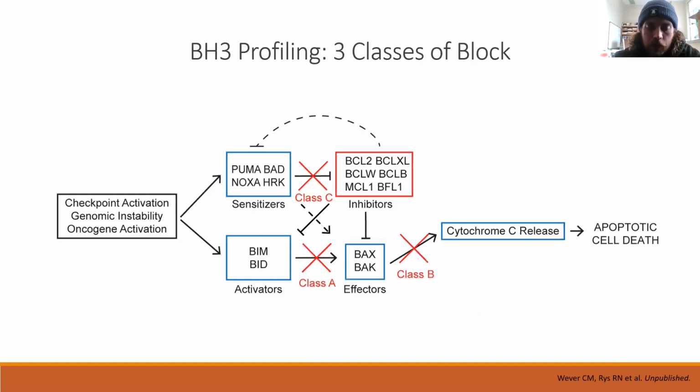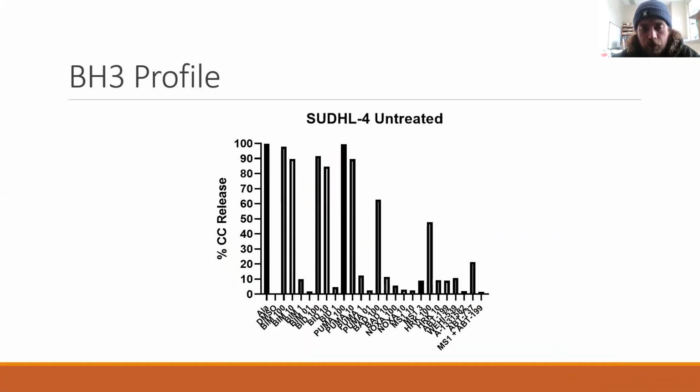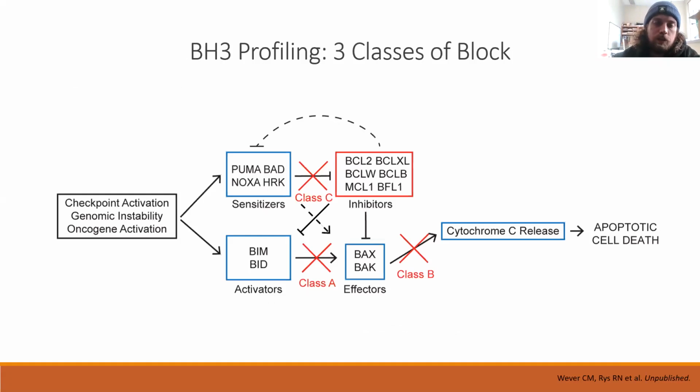So then, when you're looking at your BH3 profile, how do you determine what it means? From BH3 profiling, we essentially can determine 3 different classes of apoptotic block. This is, again, a simplified version of the intrinsic apoptotic pathway. If we see a good response to initiators and sensitizers, like this previous one, we consider that a class C block, which you see on top here.